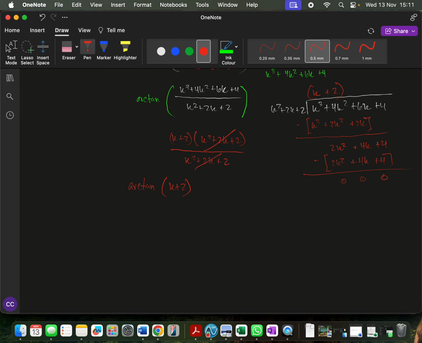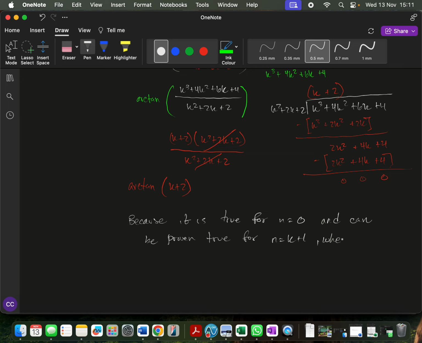Then we would have to make the statement that because it is true for n equals 0 and can be proven true for n equals k plus 1 when n equals k is assumed to be true, it is proven for all natural numbers.